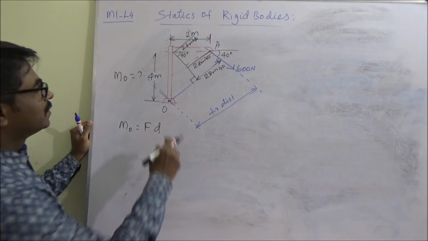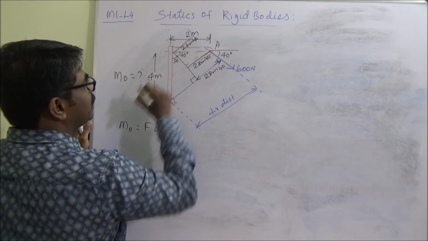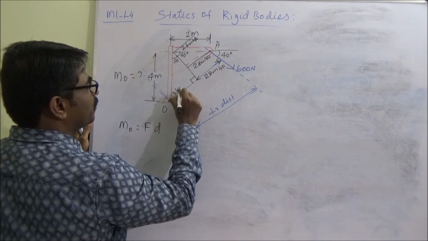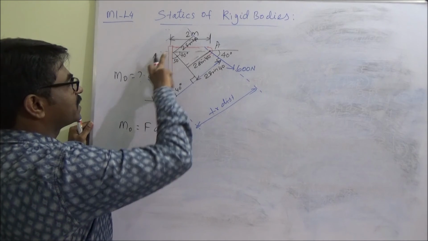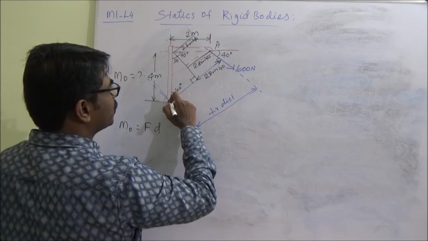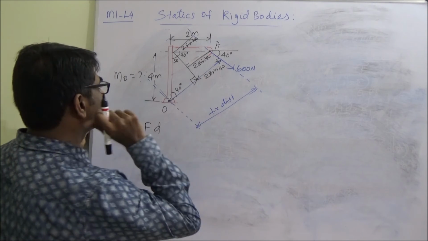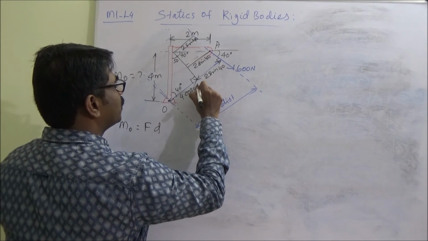Fine. Now this is 4 meter and this is 50 degree and this is going to be 40 degree. So this 4 is the hypotenuse and we need to find this distance, which is nothing but 4 cos 40 degree.